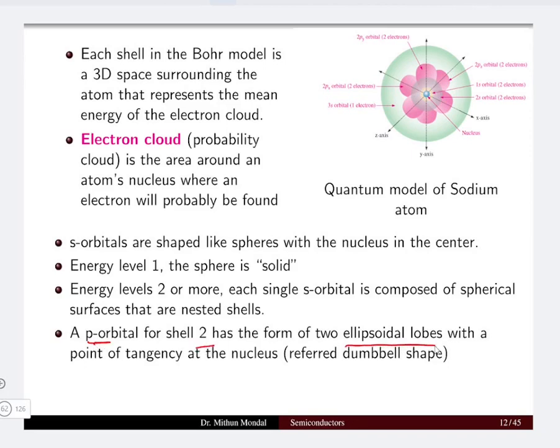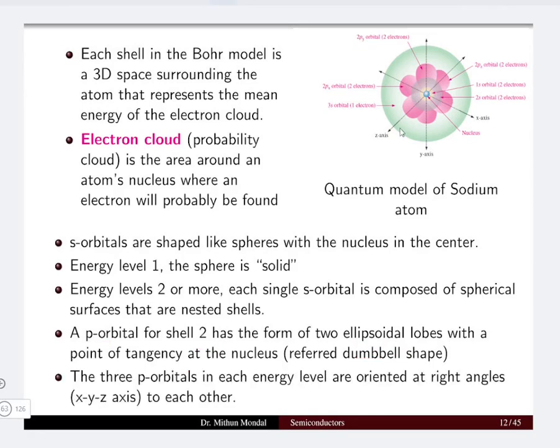Whereas if we go for the p orbital of shell number 2, this is in the form of two ellipsoidal lobes known as the dumbbell shape. One more important thing is that the p orbitals in each energy shell are oriented at right angles. So we have the concept of 3D space, where obviously we have the x-axis, y-axis and z-axis.